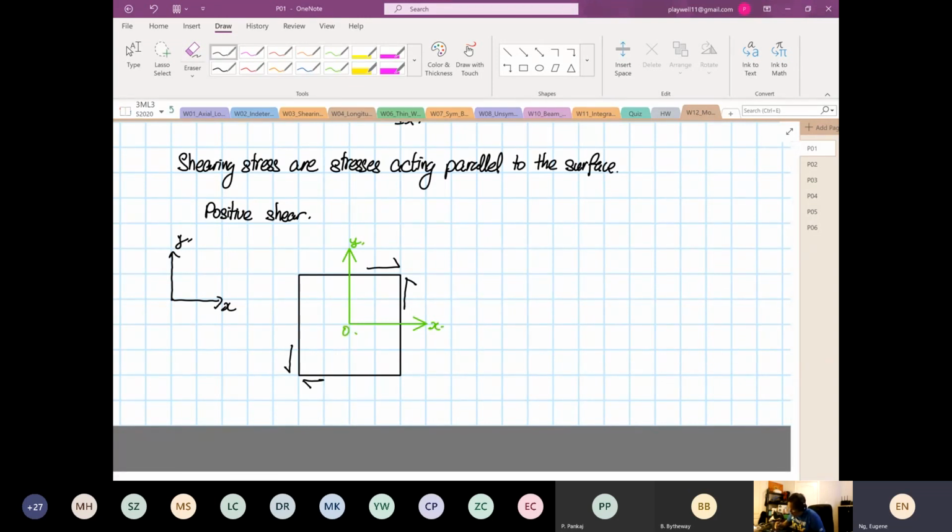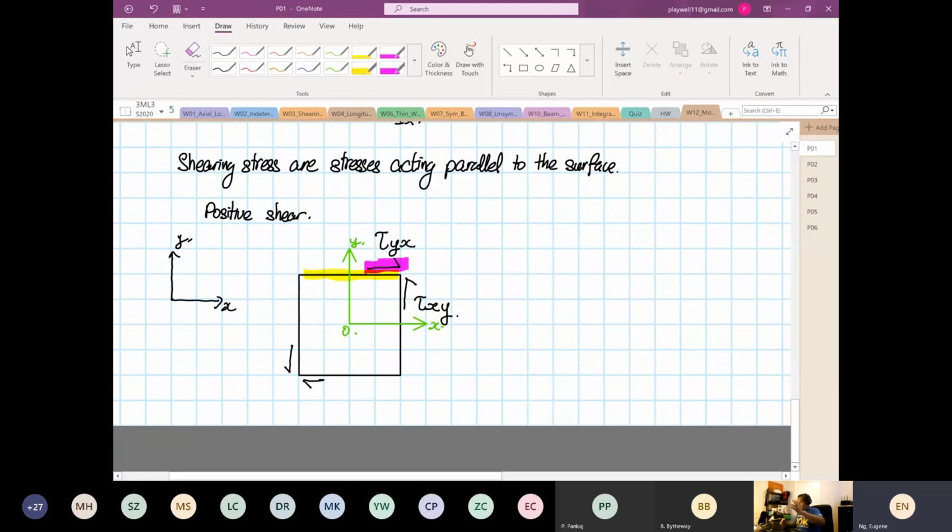What you see down here, this arrow is shear stress. The plane is intersecting the x-axis, and the direction of the stress is in the y direction. I will do the other one. Over here you have a shear stress. What do I mean by the intersecting plane? This is the intersecting plane. The intersecting plane is y, and the direction of the stress is in the x direction.